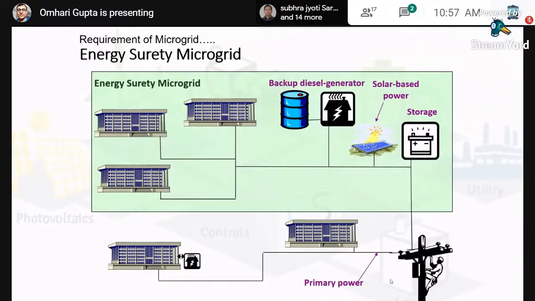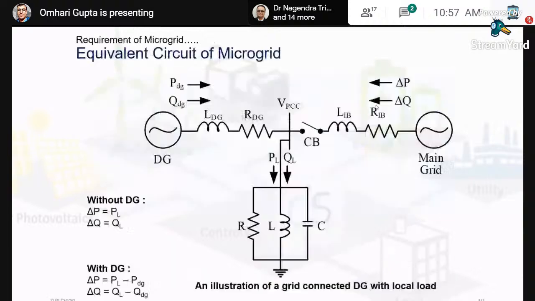If your grid is reliable enough and you do not have critical loads in these buildings, you may not spend on these backup systems. You can only install this solar based generation and save the money.